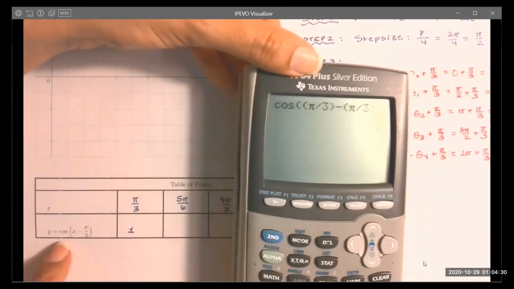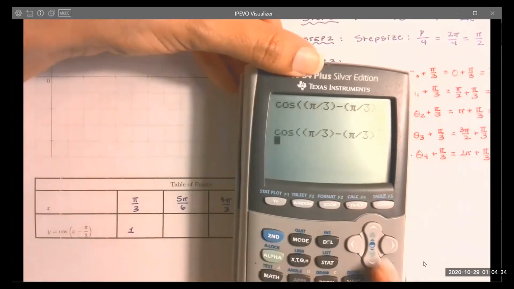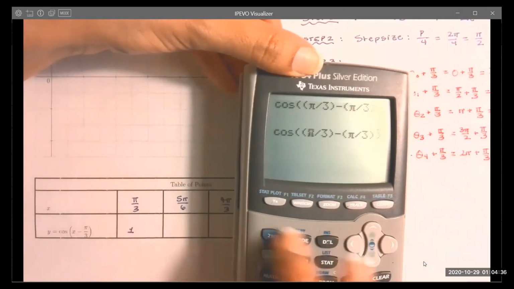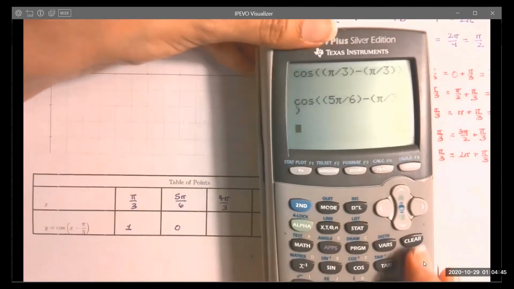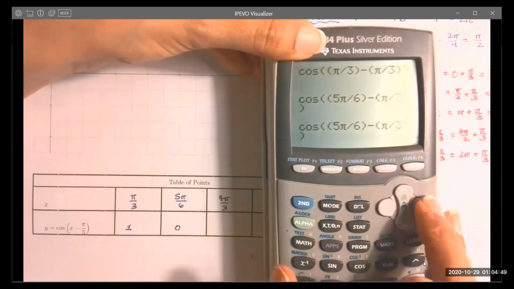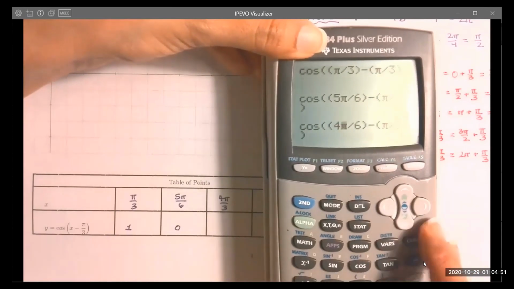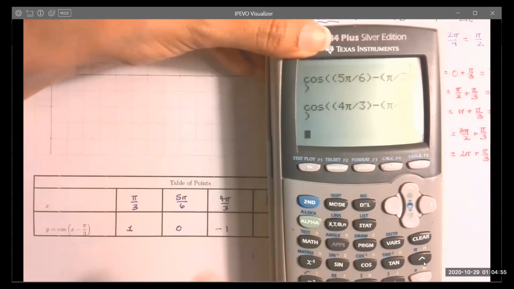Next, we're going to have cosine of 5 pi over 6 minus pi over 3. And we get 0. And then we're going to have a cosine of 4 pi over 3 minus pi over 3. That's -1.